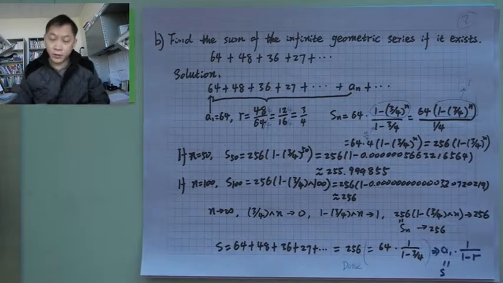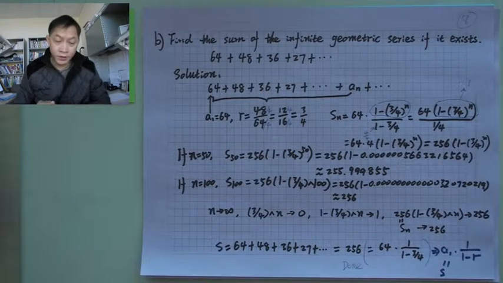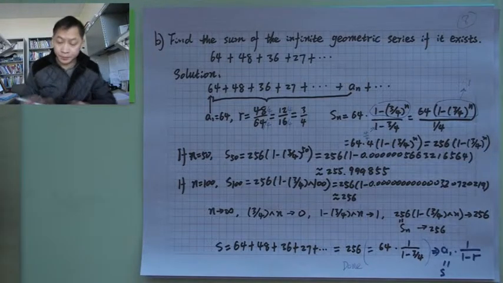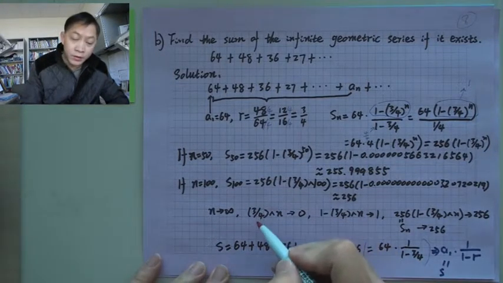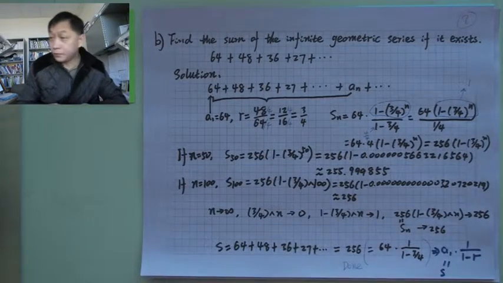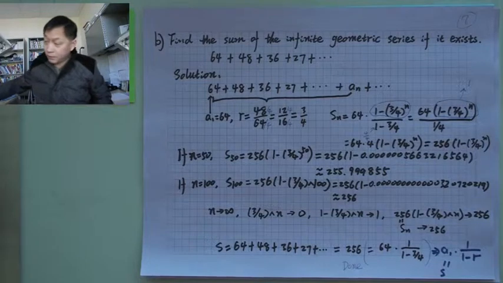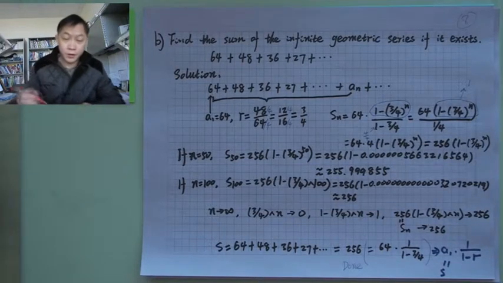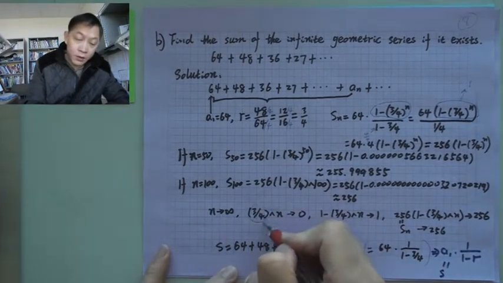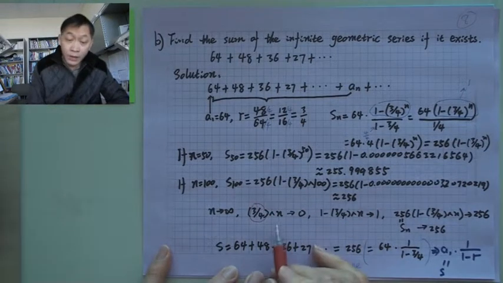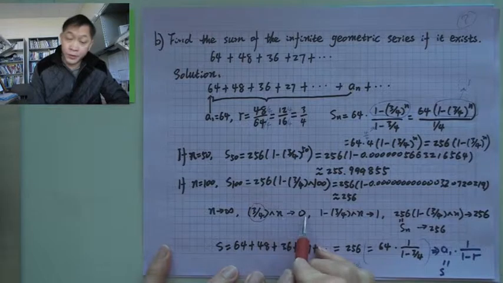So in this case, you know, there is a critical point down here. If this number is less than 1, then r to the n goes to 0.